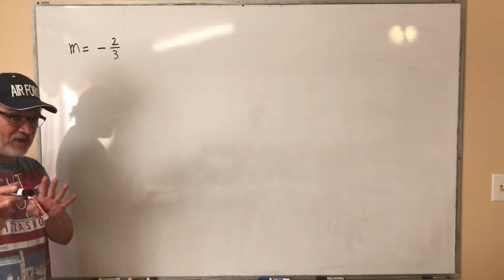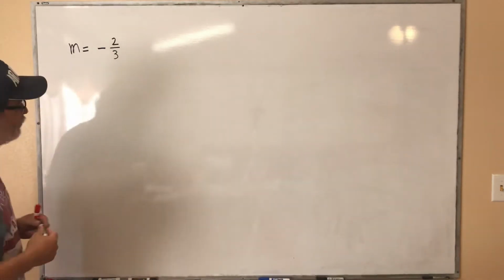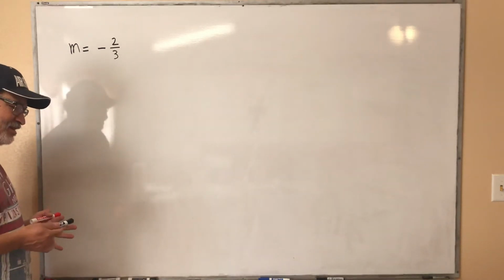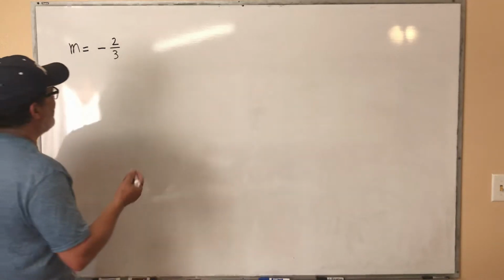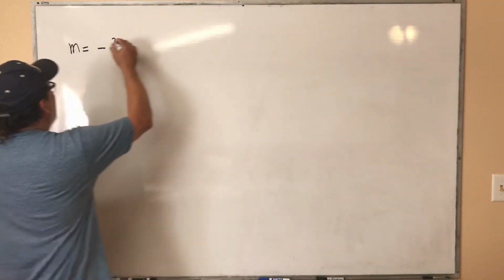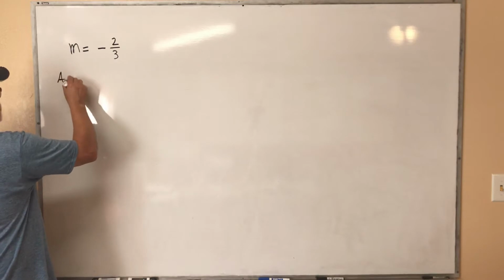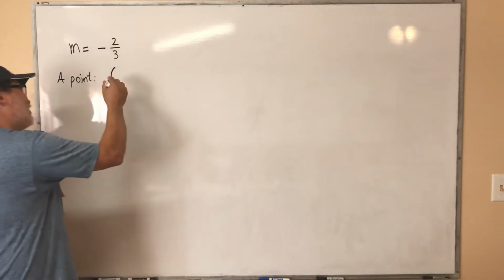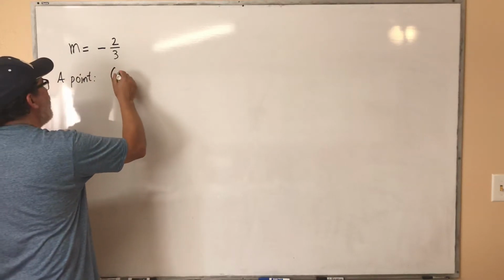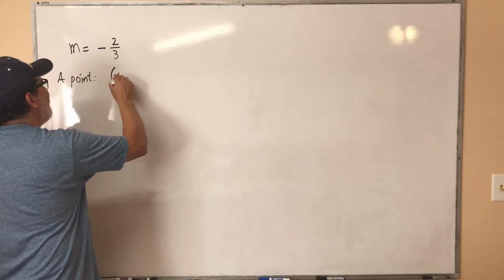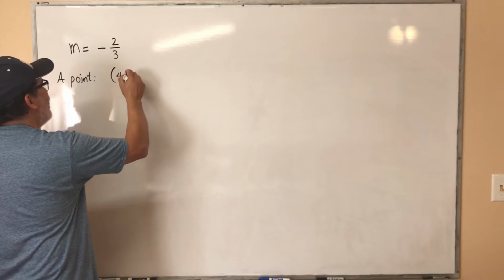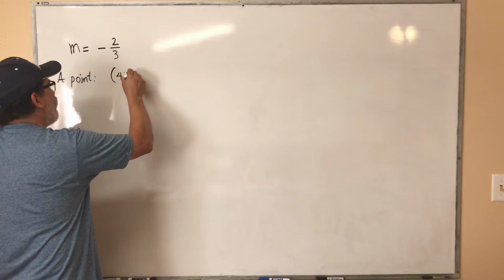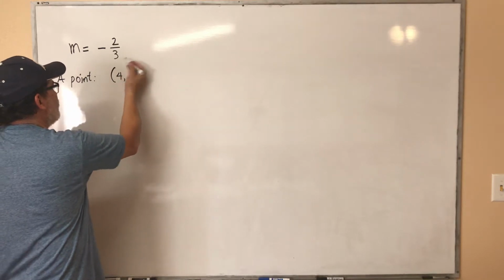It's a linear function, okay? I'm letting you know right now, it's a linear function. And a point on this function, let me give you a point. A point on this function is, I'm gonna say 4, 3.